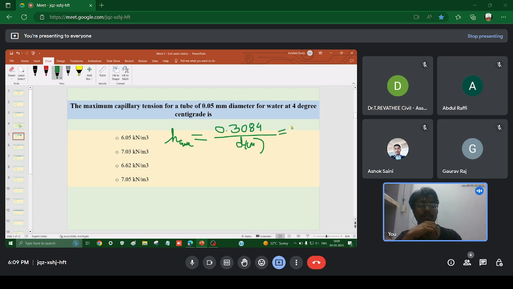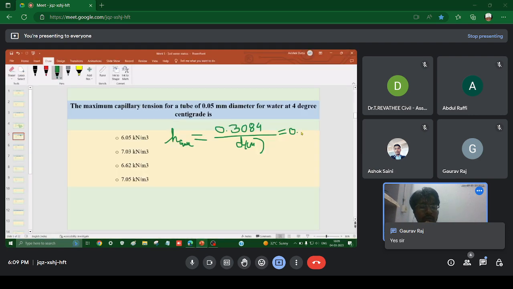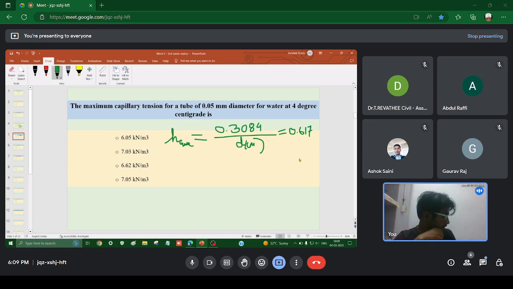The value I think is around 0.617. Yes, 0.617. I believe that is in meter.